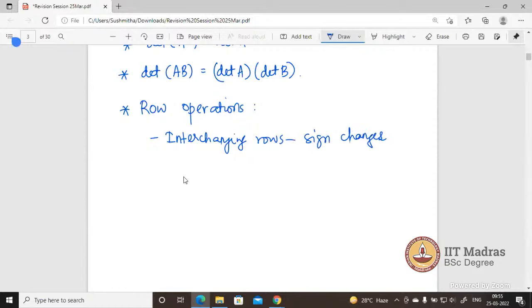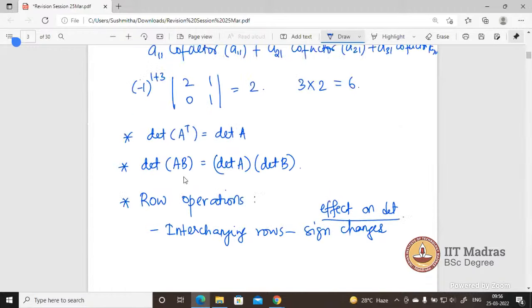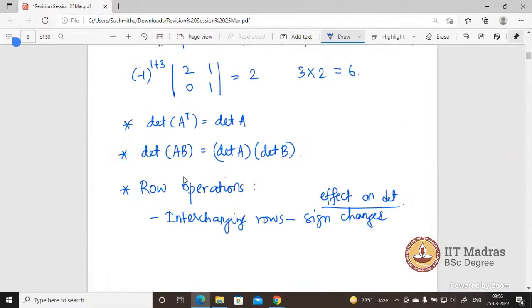This is the effect of row operations on the determinant. So if I interchange two rows, the sign of the determinant changes. If I do two interchanges, it becomes positive.